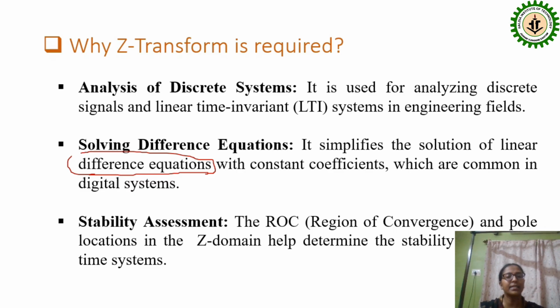Another point is stability assessment. If you are provided any type of signal or any type of system, the question may be asked whether the signal or system is stable or unstable.